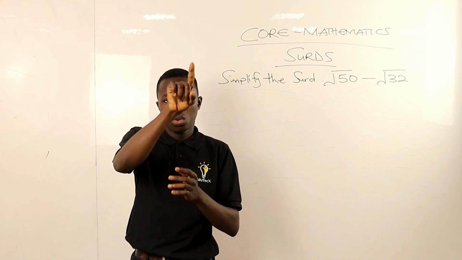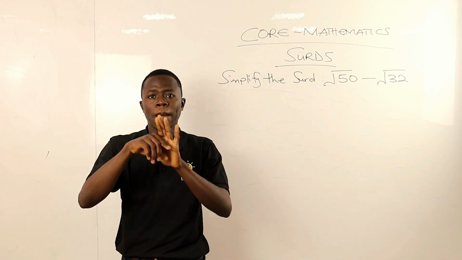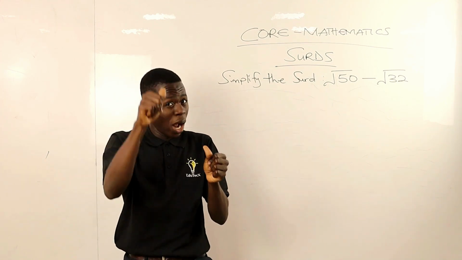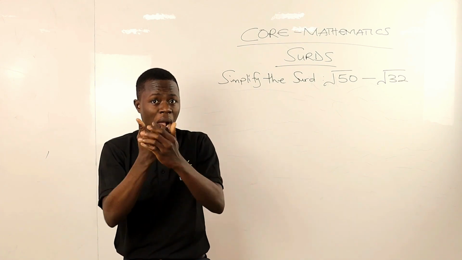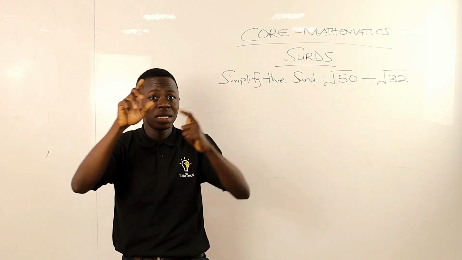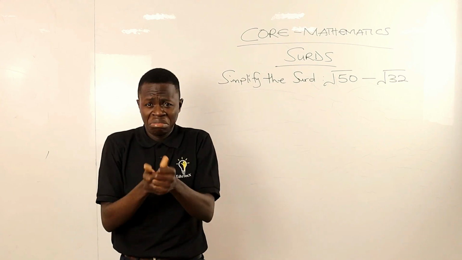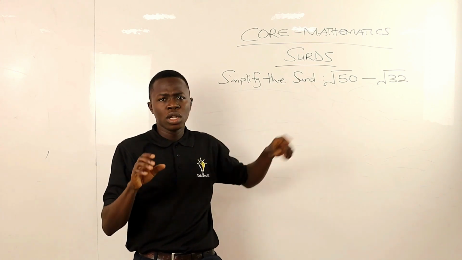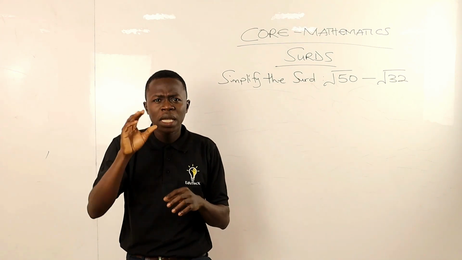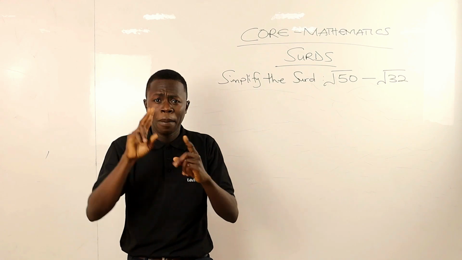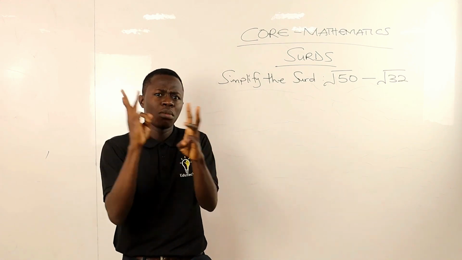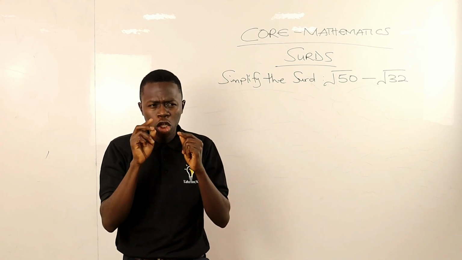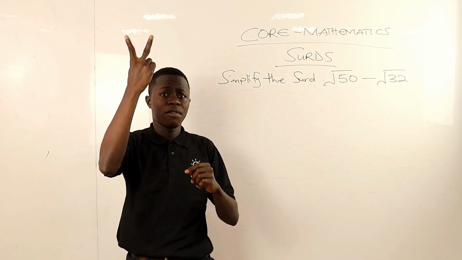Again, simplify square root of 50 minus square root of 32. You remember in the previous lesson, we said that when you have complex sets like you see on the board, you need to simplify them. So that is exactly what we are going to do first before adding or subtracting the sets. And you know that in simplifying complex sets, we first find a number which is a perfect square, multiplied by another number that will give us the number under the square root sign.